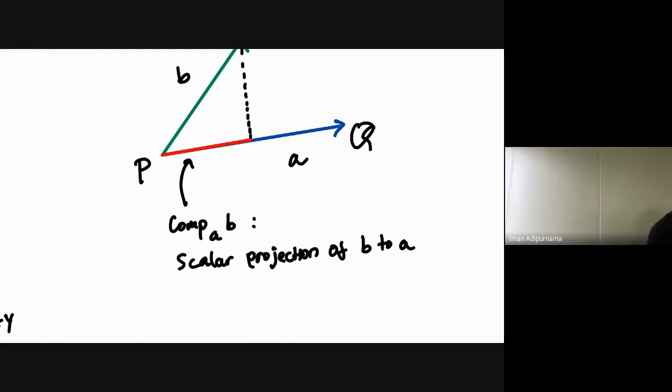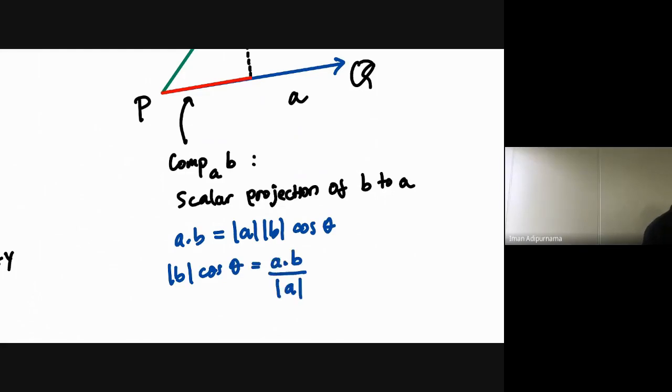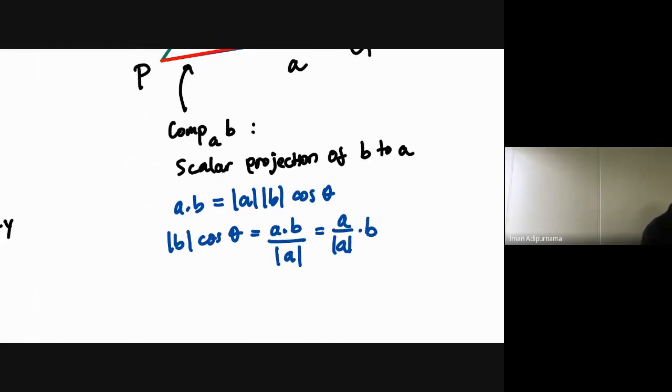And then this is actually the scalar projection if we write all the terms of the dot product. Okay.